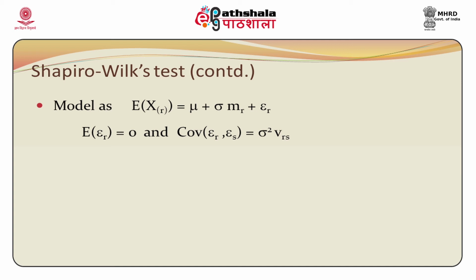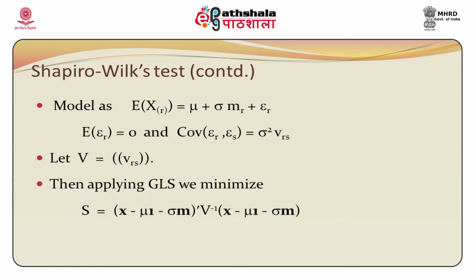Now let us construct this matrix capital V, which is composed of elements v_rs. So it's v11, v12, etc. up to v1n, and then the last row would be vn1 up to vnn. Now if we apply GLS to this model to estimate mu and sigma, we would be minimizing a delta function here.